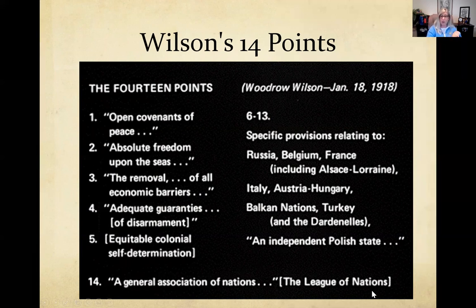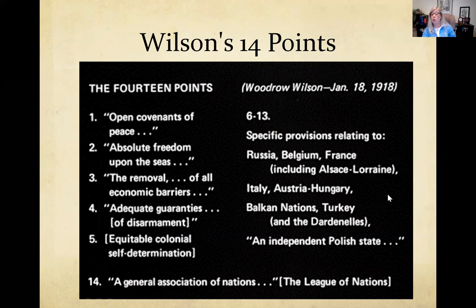He believes that if all the countries of the world had membership in this general association, then when there was a conflict, such as the assassination of Franz Ferdinand and the lack of cooperation by Serbia, rather than erupting in war, the conflict would be taken to the League of Nations, where this body of all of the countries of the world would resolve it together in a peaceful diplomatic manner. All right, so these are very idealistic terms, but this is what Wilson wants to achieve.